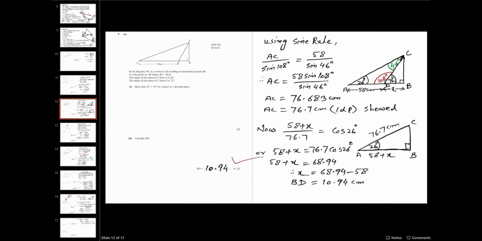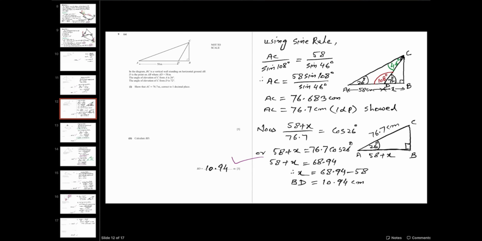Then AC is equal to 76.683 meter, or AC is equal to 76.7 meter. Which is the required result.